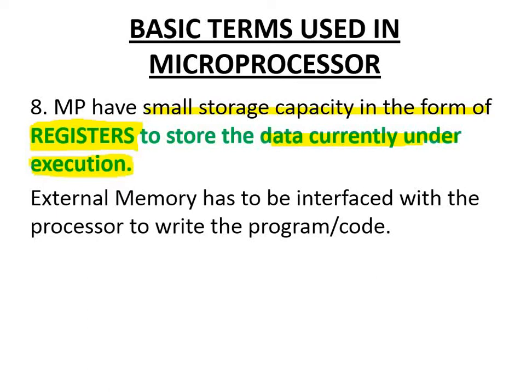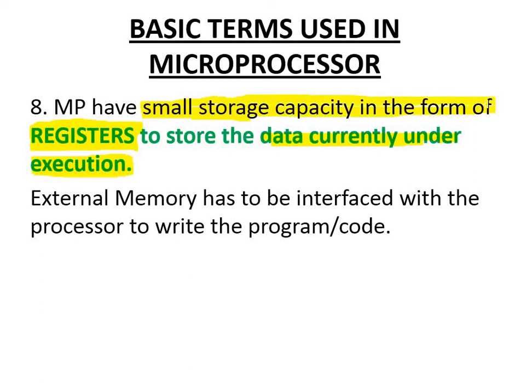Whatever data is currently under execution is stored in a register. A register is a means to store the data inside the processor during the execution of the current program.